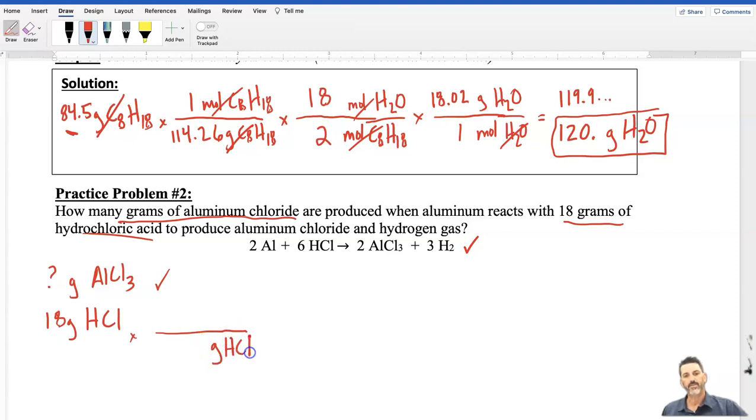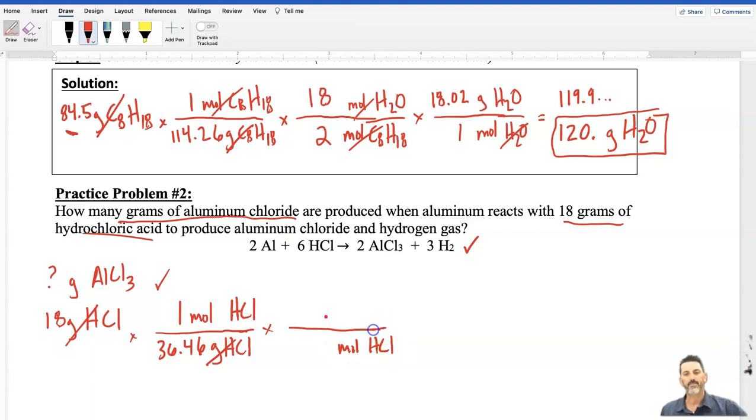Because again, my recipe or my balanced equation is in moles. So 1 mole of anything off the periodic table equals the molar mass. So if I add up 1 hydrogen and 1 chlorine, I should get 36.46. Okay, I'm going to cancel out the units. Moles of HCl is going to go on the bottom.